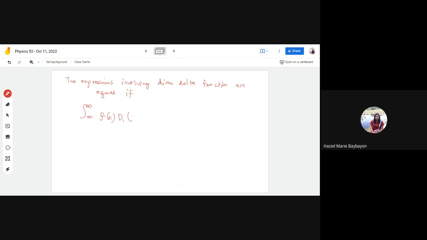So you have this one. These are two expressions involving the Dirac delta function, and they are considered equal if their integrals over all space are the same. Okay?